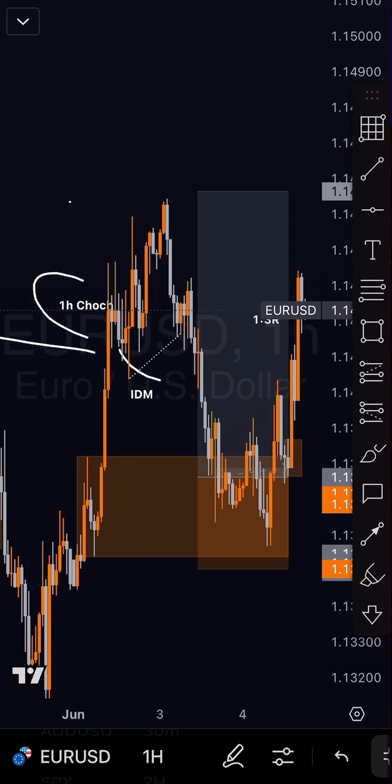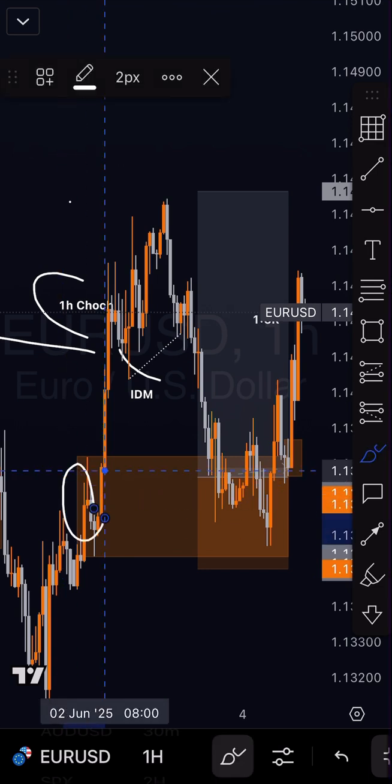And after you indicate the valid pullback, what else do you look at? You look at the point of interest. Where's the point of interest in this case? Here, right? This is the decision point of interest. Now, where's the extreme?